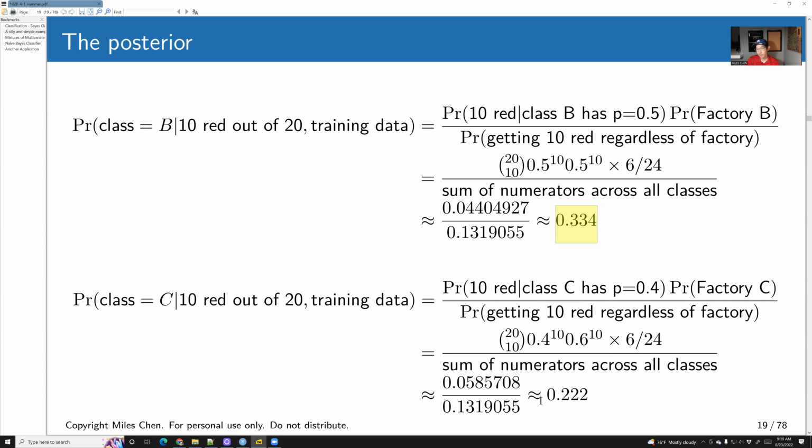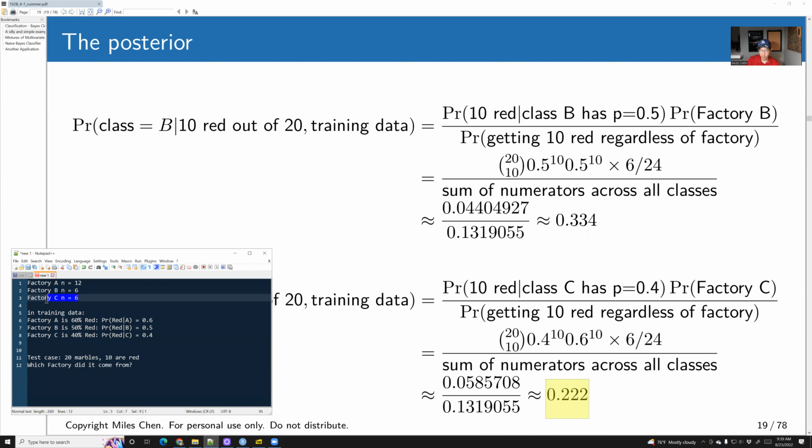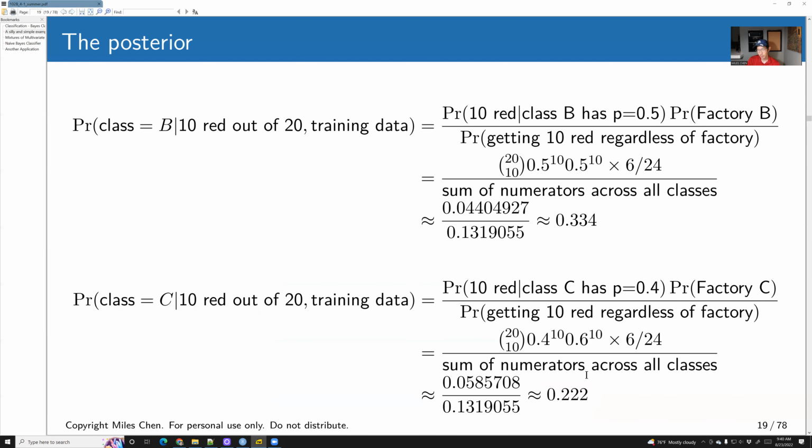Meanwhile, factory C, prior to looking at the data, we would have guessed was a 25% chance because only a quarter of our bags came from factory C. After looking at the data, it loses some points because our data don't quite align with factory C. Factory C is 40% red, and our data was 50% red. So factory C becomes less probable, dropping from 25% to 22%.